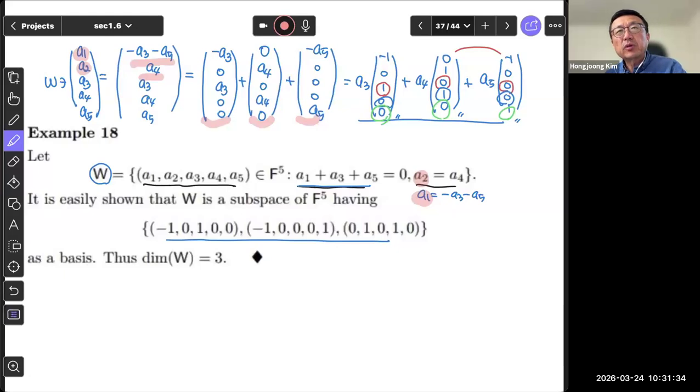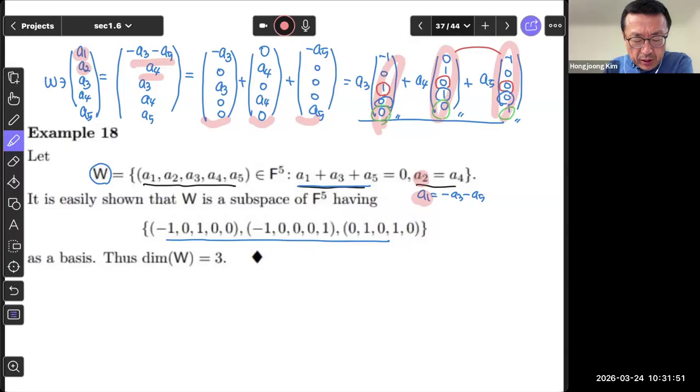Then I could rewrite each vector as a certain number multiple of three vectors, and you can easily check that these three vectors are linearly independent.